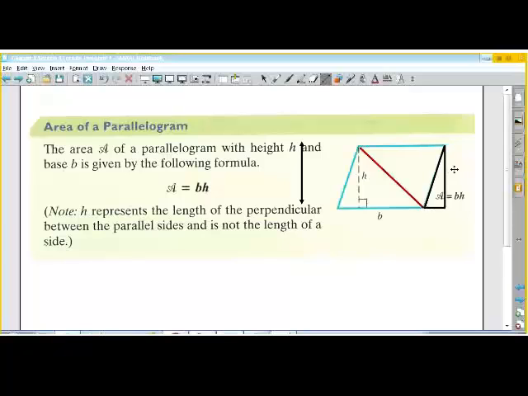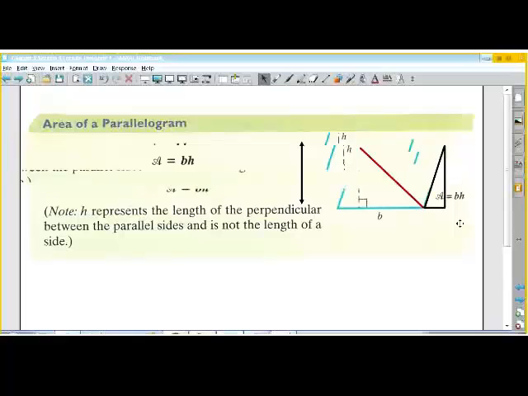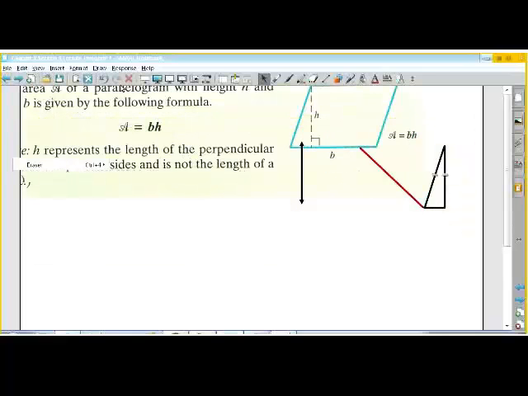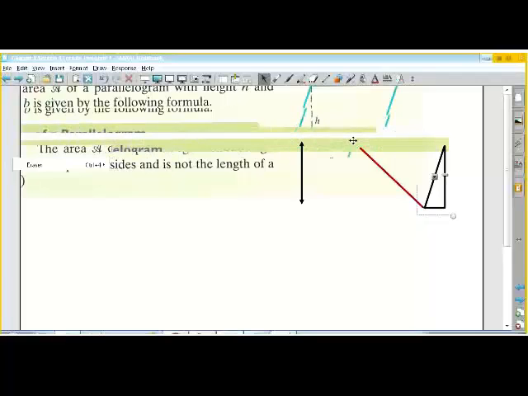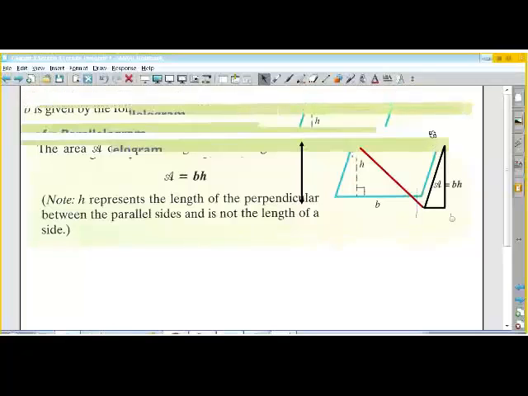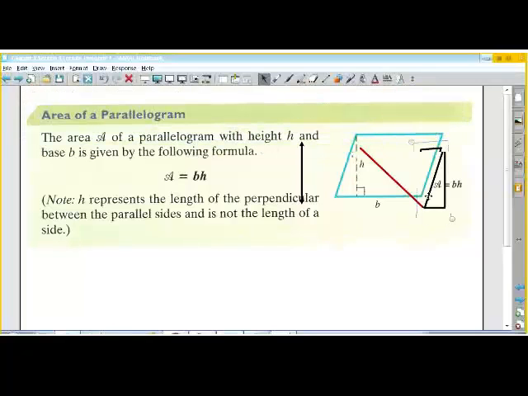Because of symmetry, I can take that triangle and then rotate it like that, and stick it right in there, and now it becomes a rectangle.